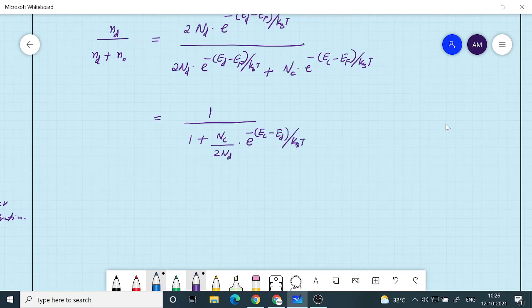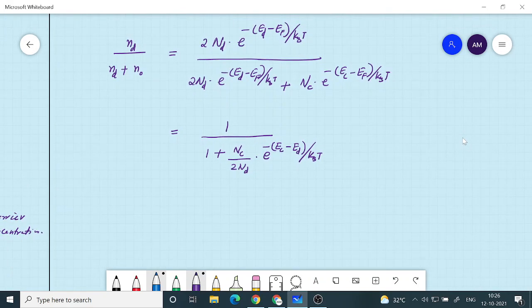So this is the fractional occupation of the donor level with respect to the total level. So this is the formula.